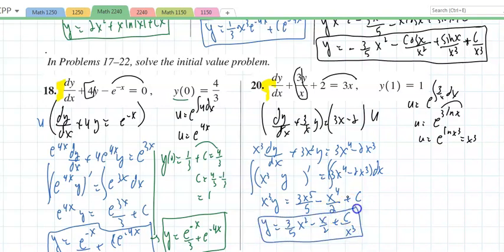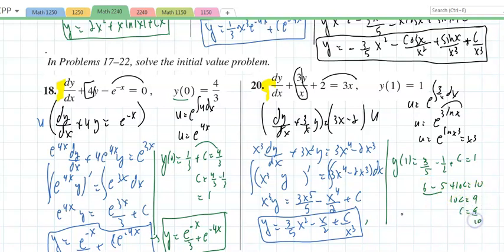I just need to find what c is, and y of 1 equals 3/5 minus 1/2 plus c, and that equals a 1. So clear the fractions. 6 minus 5 plus 10c equals 10. So that is a 1. 10c equals 9. c equals 9 over 10. So y would equal 3/5 x squared minus x over 2 plus 9/10 over x cubed would be the solution to this.